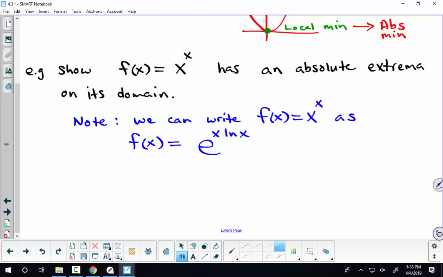Okay, so does that help us remember the domain? 0 to positive infinity. Yeah, 0 to infinity, because of the natural logarithm.